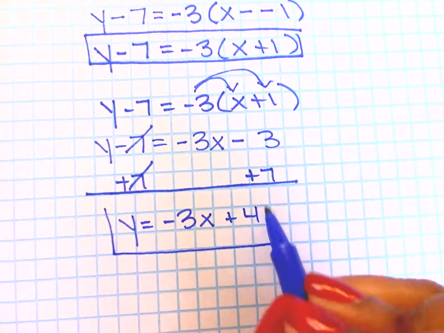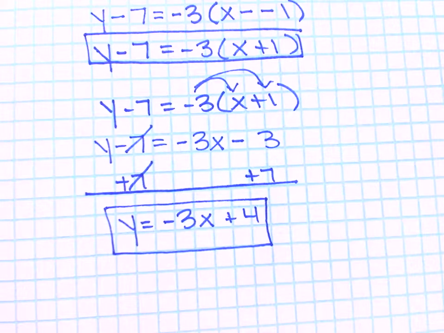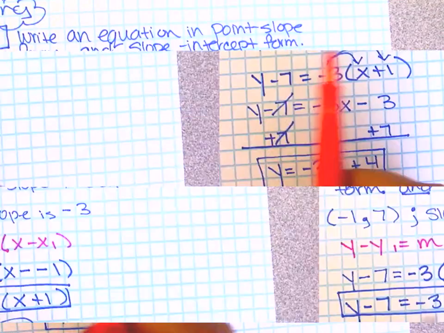And that's slope-intercept form. y equals mx plus b. Please write that down.